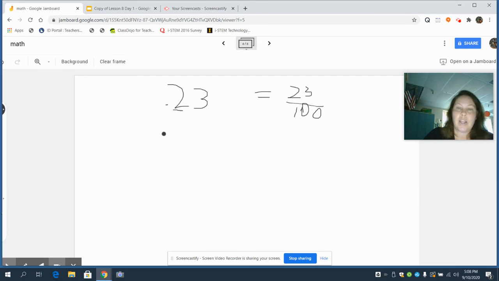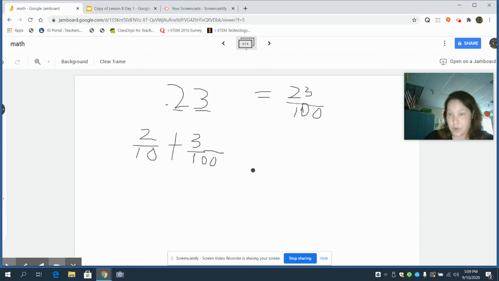That is a 2 in the tenth place. So that would be written as a fraction as 2 over 10, 2 tenths. Plus, we look at the second digit. That is a 3 in the hundredths place. So that would be written as 3 over 100. That is how you write 3 hundredths as a fraction. So this is the fraction version of the expanded form of 23 hundredths, 2 tenths plus 3 hundredths.